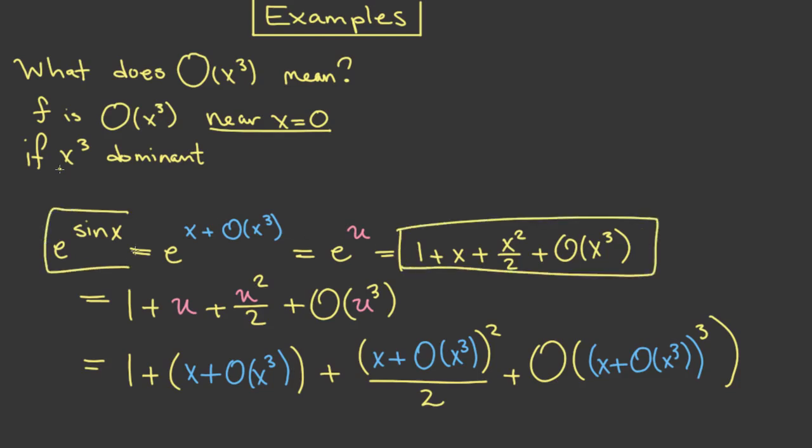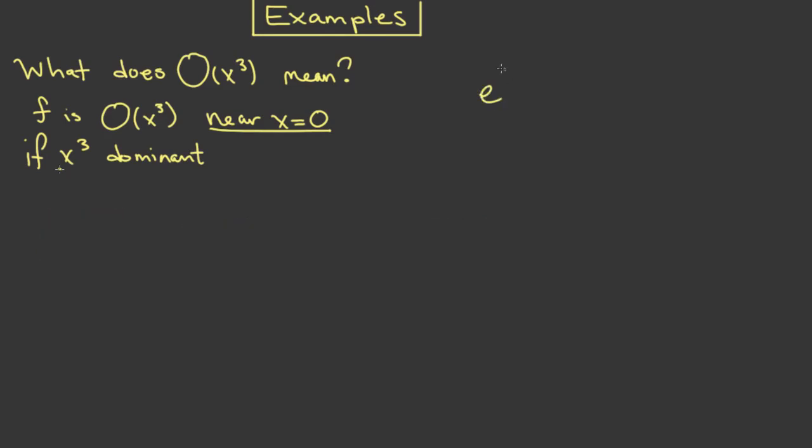Let's look at another example. The example we're going to look at is the same example we looked at with linear approximation. We're going to do a product. And I want to look at e to the negative 3x divided by the square root of 1 plus x. To find the approximation of the product, I'm going to take the product of the approximations.